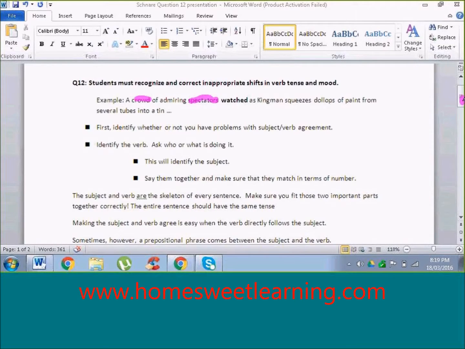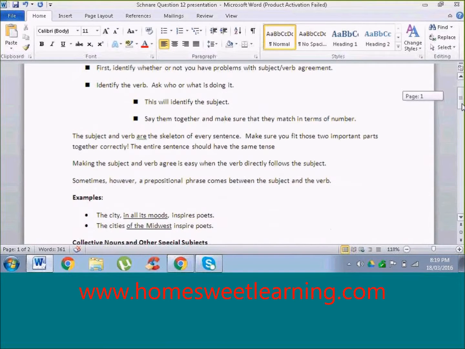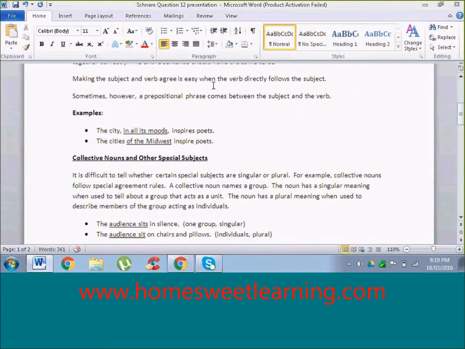So, we can see in the notes that I'm going to pull up here, this subject and verb don't directly follow each other. Sometimes there's a prepositional phrase that comes between the subject and the verb. Example, the city, in all its moods, inspires poets.